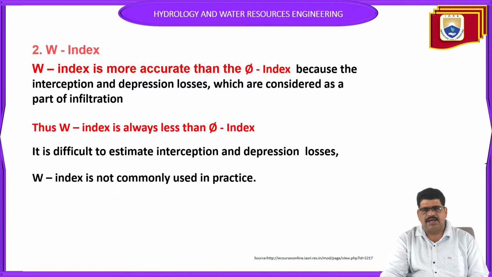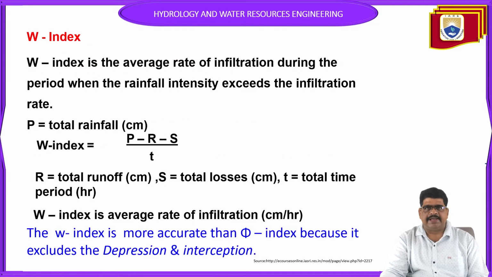By applying the formula, we find the W index. The W index is equal to the average rate of infiltration during the period when the rainfall intensity exceeds the infiltration rate. So the W index is equal to (P minus R minus S) by T. This is the formula to find the W index.